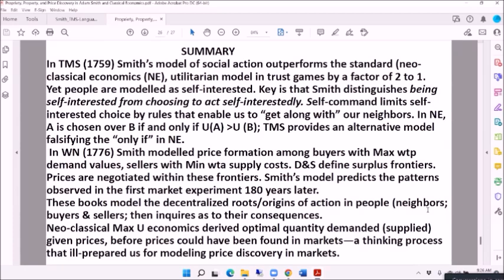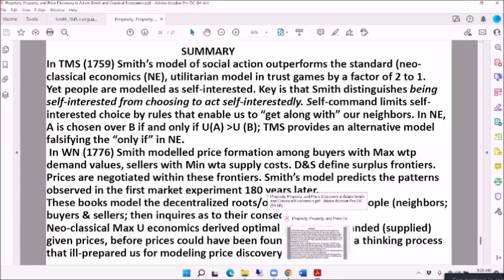The key here is that Smith distinguishes between being self-interested and acting in a self-interested way. Smith uses this term over and over, that we follow rules that enable us to get along with our neighbor. So the neoclassical equilibrium doesn't do this. It says that A is chosen over B if and only if the utility of A is greater than the utility of B.